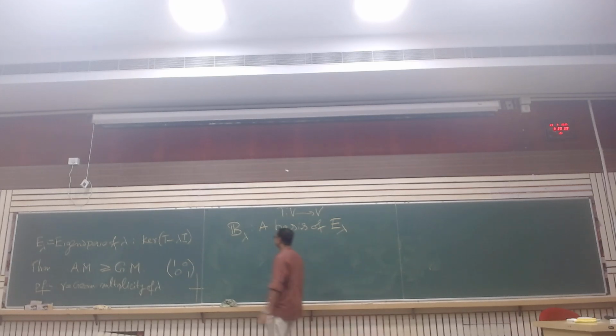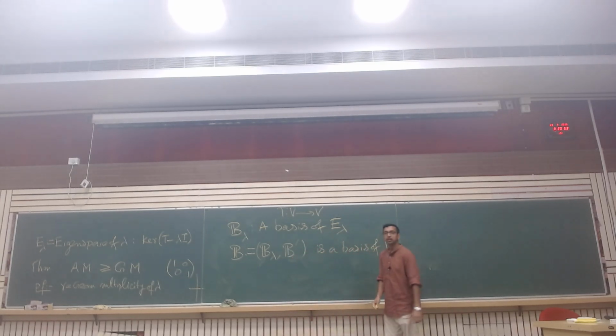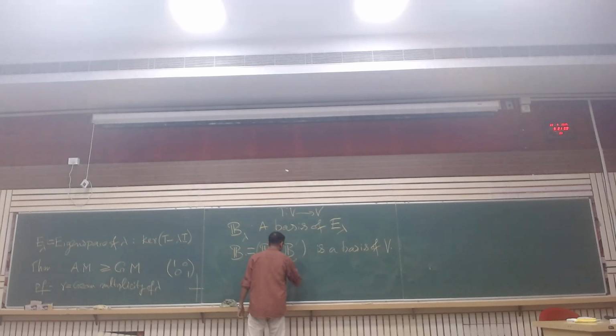Okay. So B, which is B lambda and some extension, B dash, is a basis of V. Okay. So this is the extended basis from B lambda, an extension of B lambda to a basis of V.